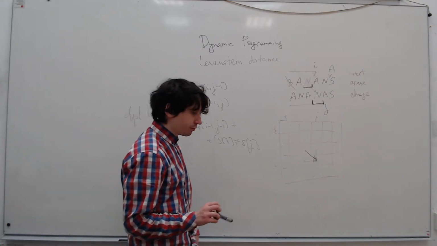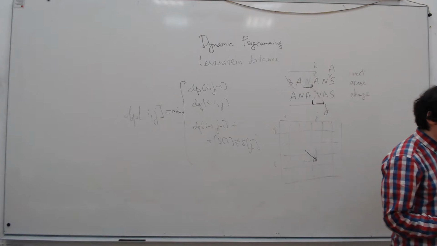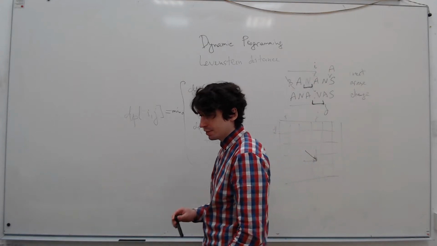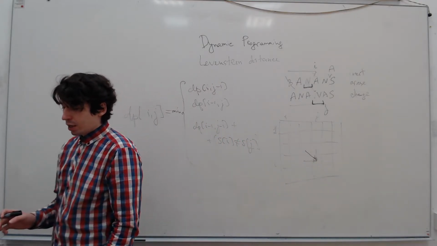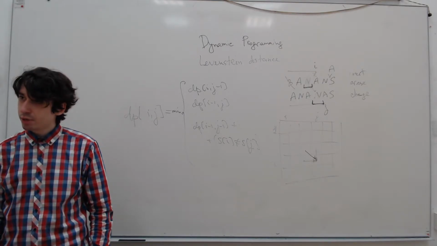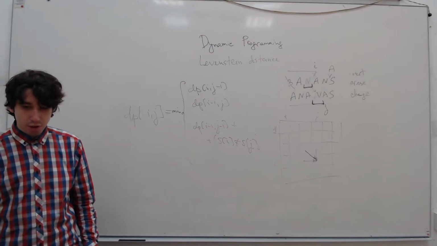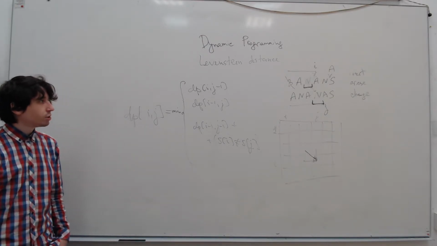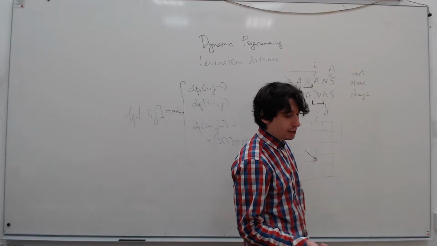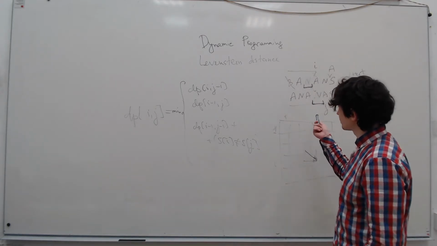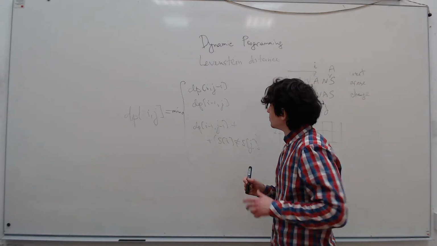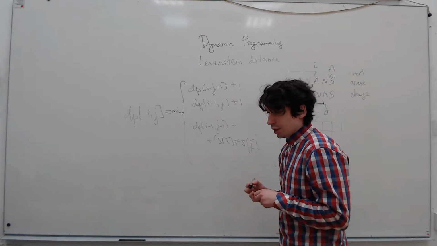This is very important for you to understand because this is one of the most used problems in bioinformatics, the Levenshtein distance, because that's how it's named. You take alignment. So you have two DNA strings and you have to align them, and you align them using Levenshtein distance dynamic programming.